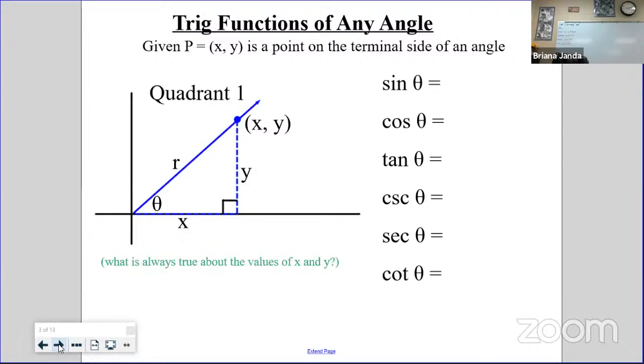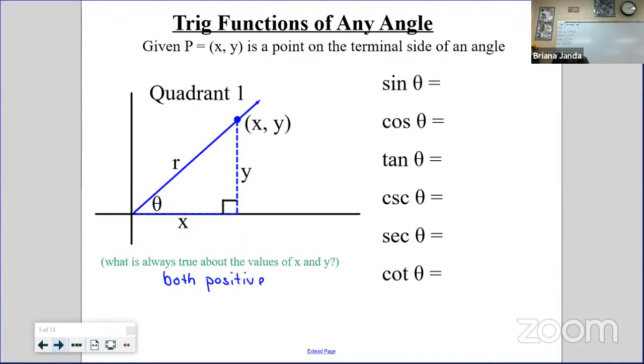So if I were given some point x, comma, y, and it put me into quadrant 1, what would you know about the values of both x and y? They're positive. Right? That's how we get into quadrant 1. We move right is positive. We move up is positive. Which means what do we know is true about our values of x and y? They are both positive.